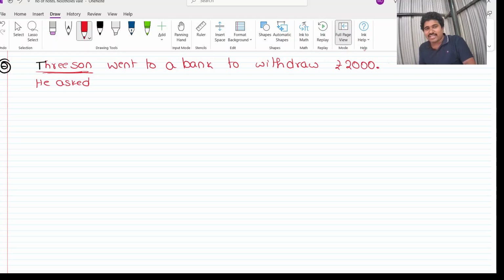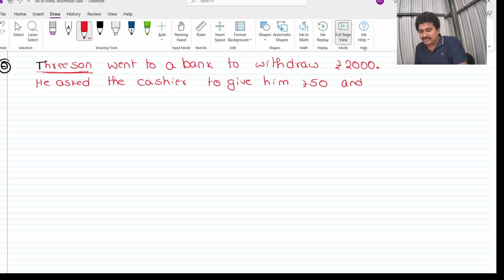the cashier to give him 50 rupee notes and 100 rupee notes only.